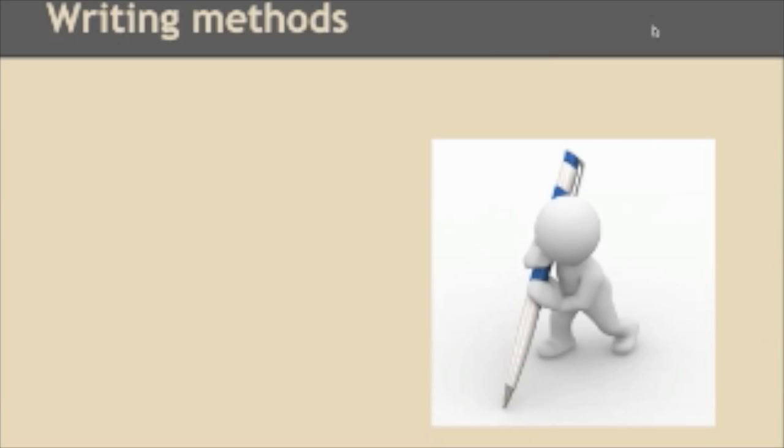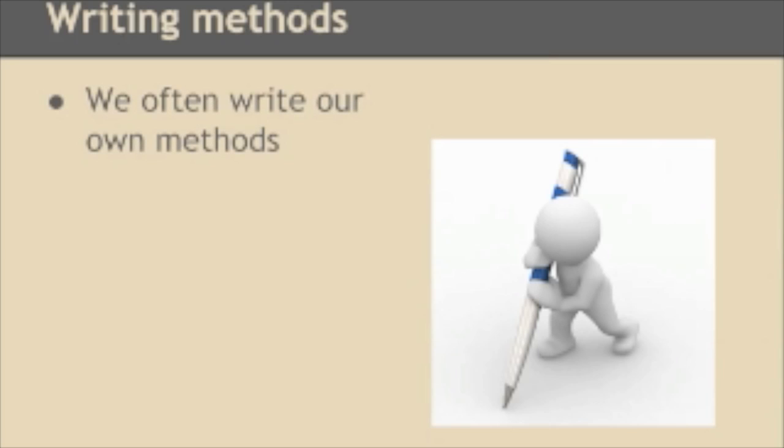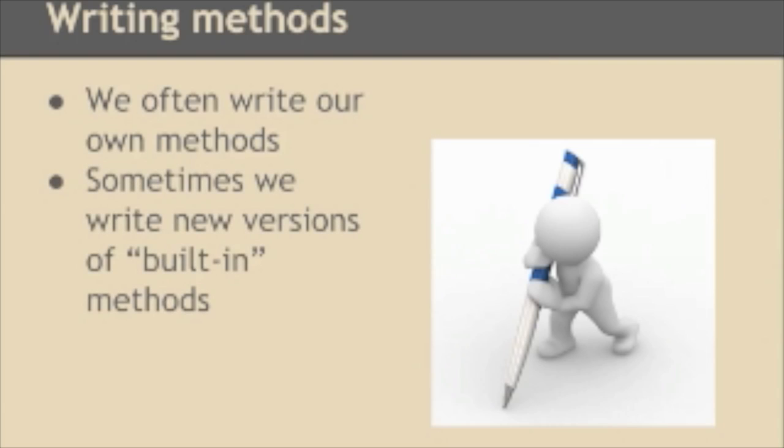But we also sometimes write our own methods. And we do that when we have a task that's unique, that a pre-existing method doesn't already solve. And in that case, we need to create our own method. And sometimes we'll do that when we write new versions of built-in methods.